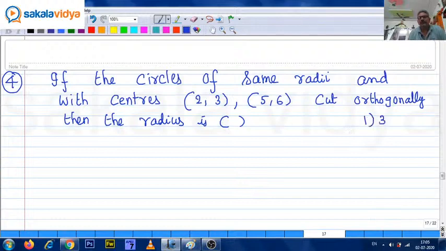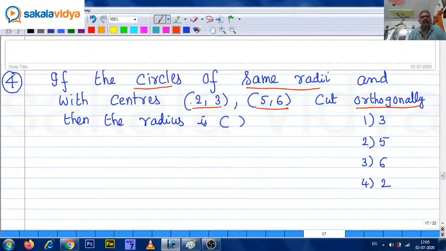First option 3, second option 5, third option 6, fourth option 2. Right. If the circles of same radii with centers (2, 3) and (5, 6) cut orthogonally, then we need to find the radius of the circle.